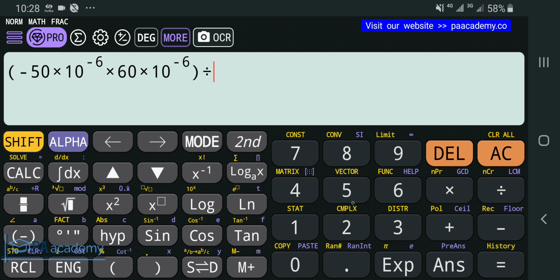Then divided by, let me open another bracket, 4 times 3.142, or I can just put it as 4 pi.